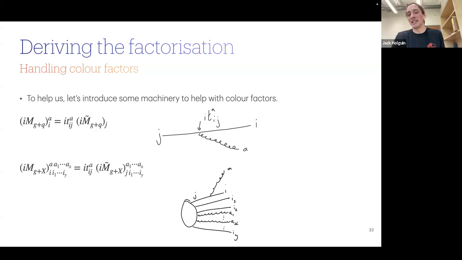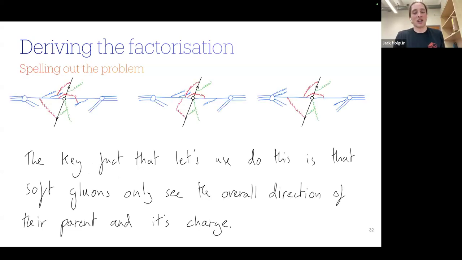But there's a lot of indices here and it's clearly a bit of a mess. Now, if we're going to go back to talking about these sorts of diagrams over on this slide where there's gluons attached all over the place, you can only imagine the amount of indices that are going to be floating around in Gell-Mann matrices all over the place for reattaching these lines. We need a bit of better notation and machinery to help us do this.